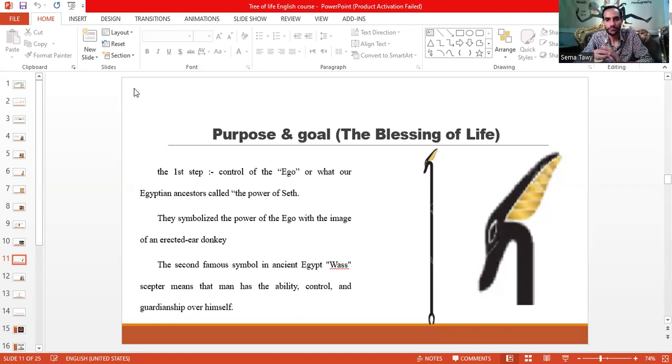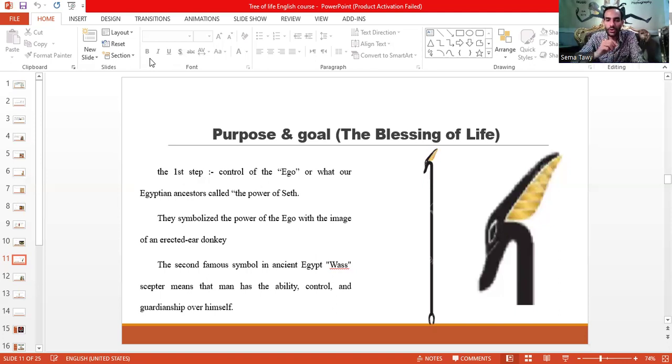One of them can help you to succeed in your physical life, and the other face defeats you and can completely destroy your life. So the ego has two faces, one of them useful and one of them not useful.